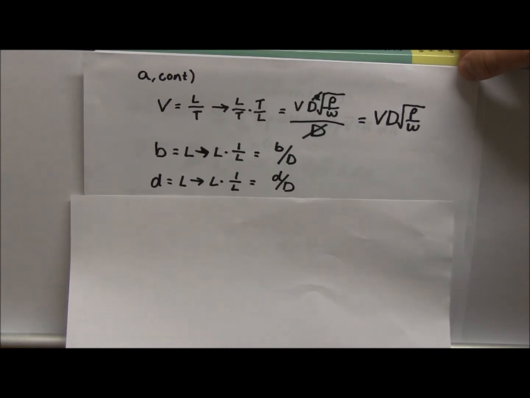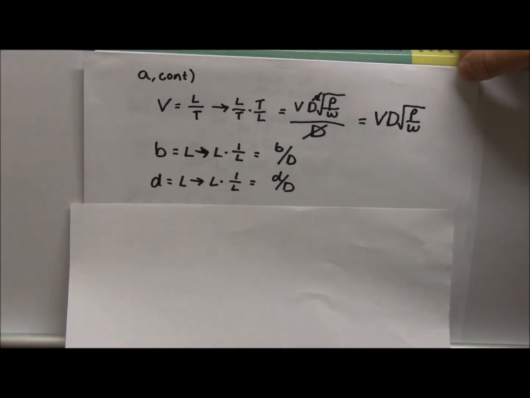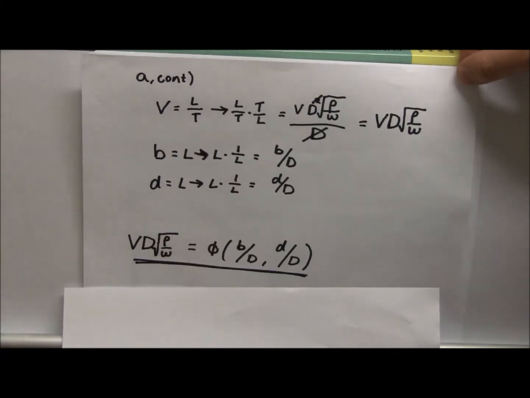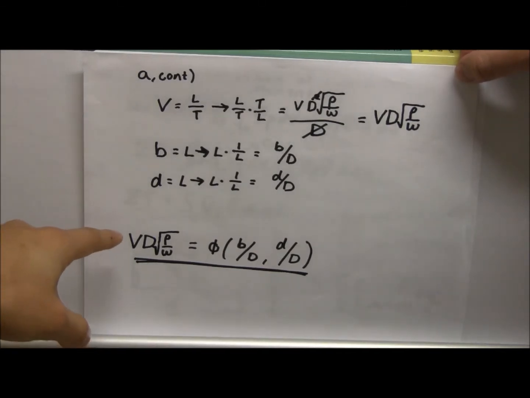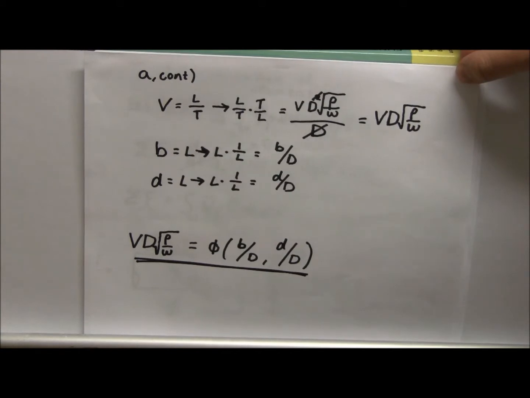And then for the distance of the center line to the ground, which is lowercase d, it's the same manner, so you basically have the same expression. So what we conclude is that this pi group is a function of these non-dimensional parameters.